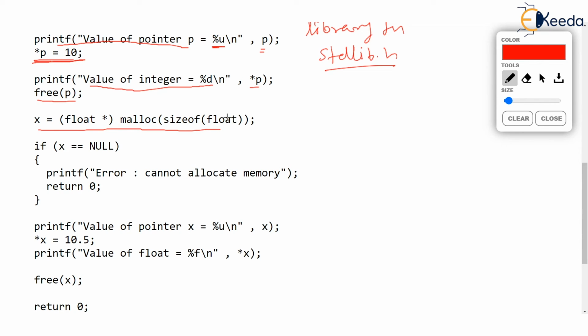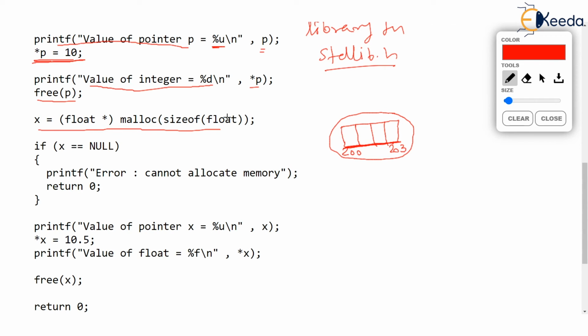Now imagine on our system, 4 bytes are needed to store a float. So 4 consecutive bytes will be allocated and you can store one float in this. Maybe the allotment has been done at location 200. So this last location will be 203. This entire block is for storing one float.